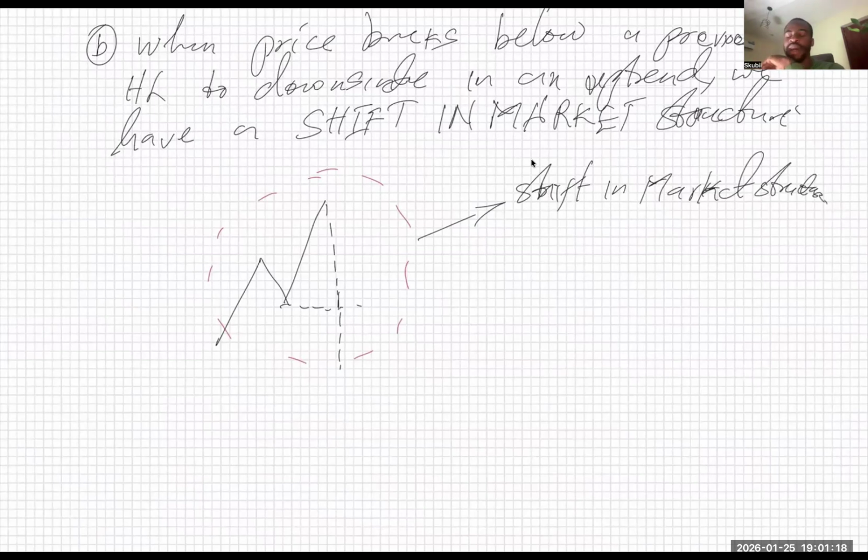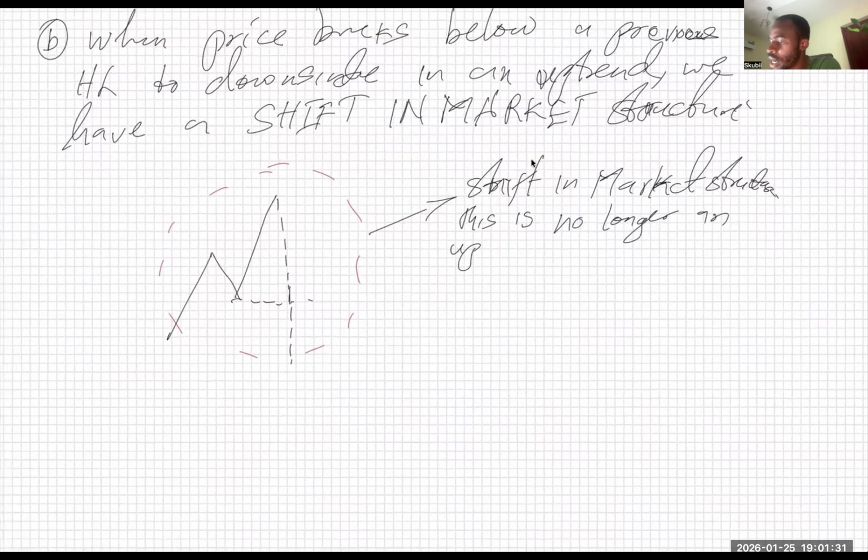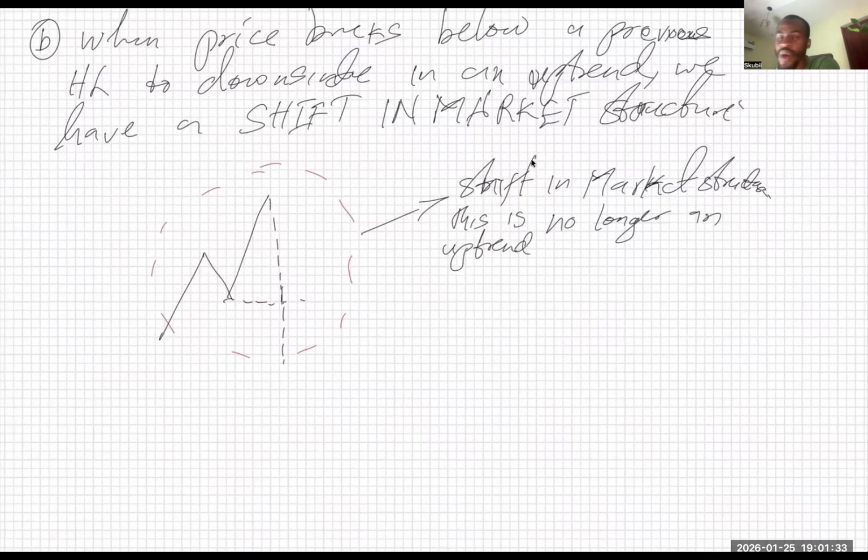Now, what does this shift in market structure mean? That this is no longer an uptrend, and we stop looking for buy opportunities.